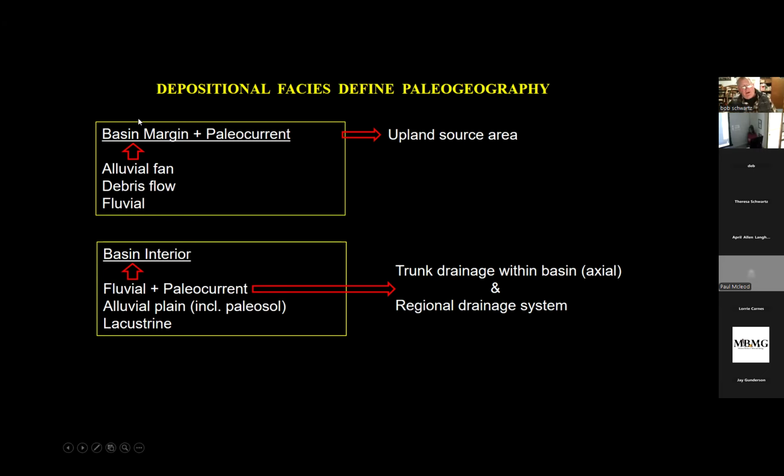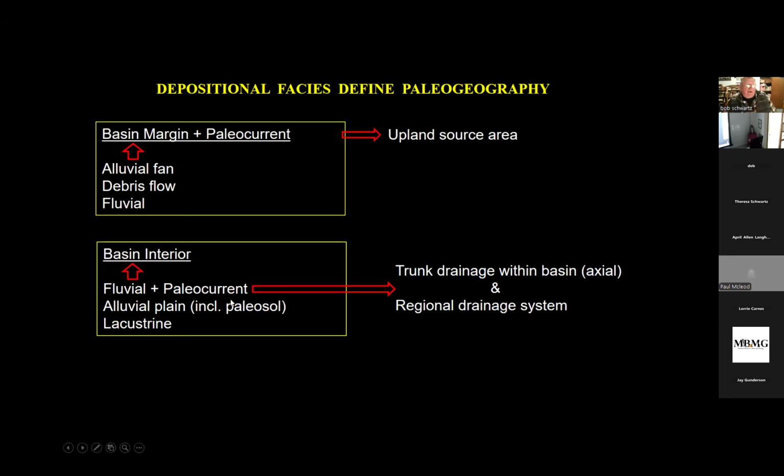These are collectively referred to as the basin margin facies group. When you look at these, plus measure paleocurrents, it directly points to the upland source area. So there's no question as to the source for the alluvial deposits flanking both sides of the basins.